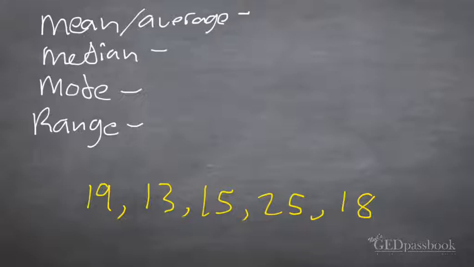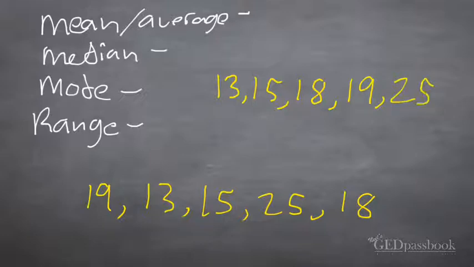What's the lowest number here? 13. Cool. What's the next lowest number? What's the next? And the last one? Okay, that's step number 1 when solving the median. Now that you've done that, now you look at the middle number.